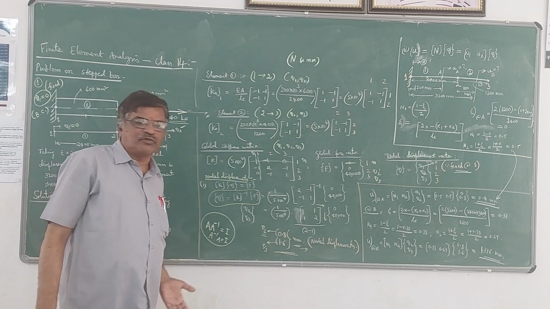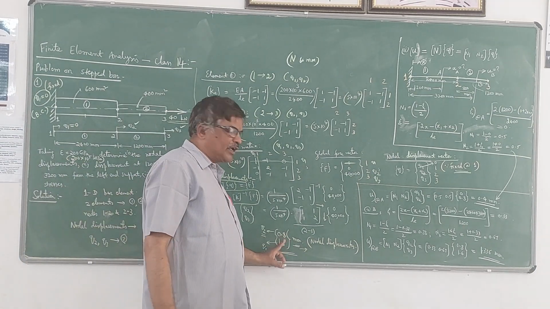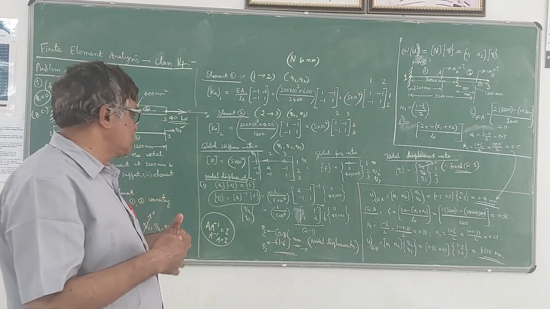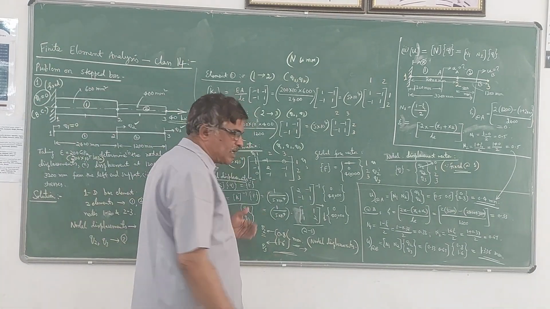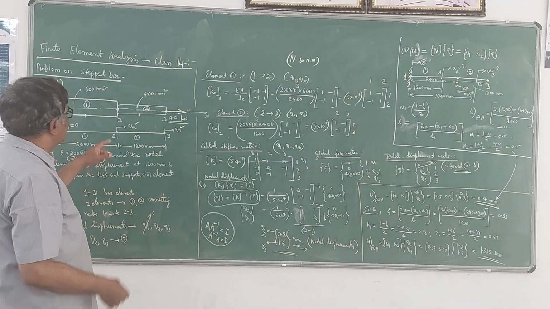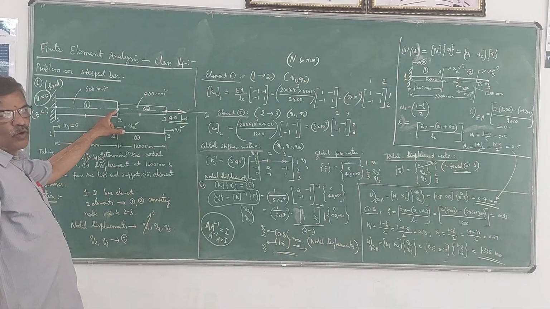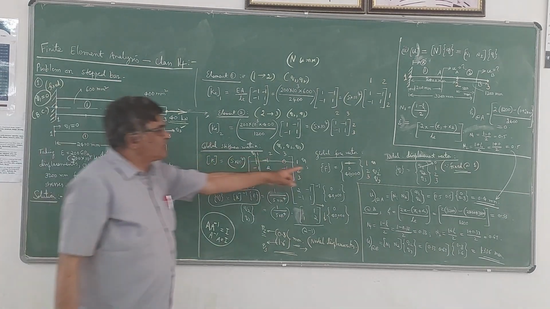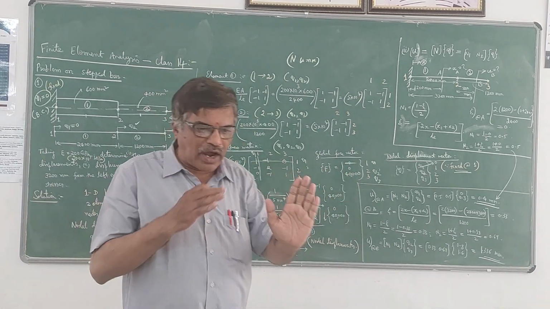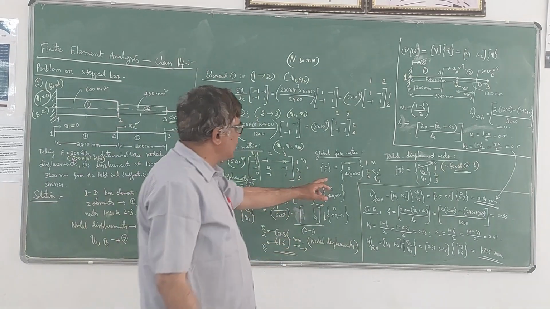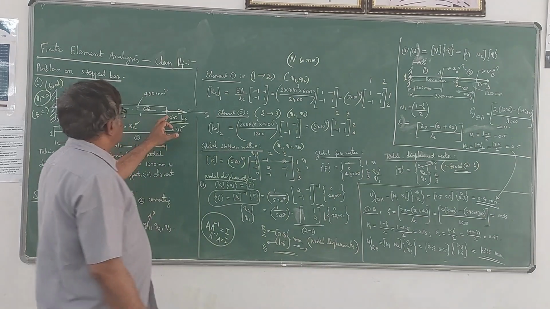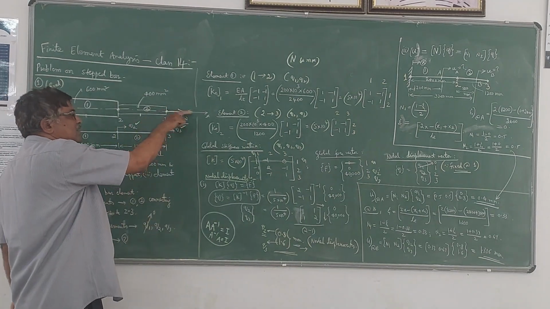Suppose in any problem you get a negative value for the displacement, the displacement is in the opposite direction. Suppose you get Q2 as minus 0.8, then the displacement will be in this direction. That can happen if they give a force here also. So that force we have to take here. Once again, for writing the force also, here I have taken 40,000 positive because this 40 kN force is acting in the same direction as that of Q3.